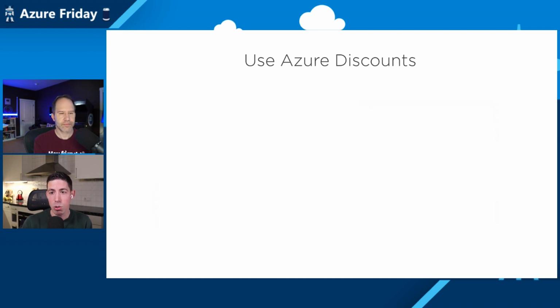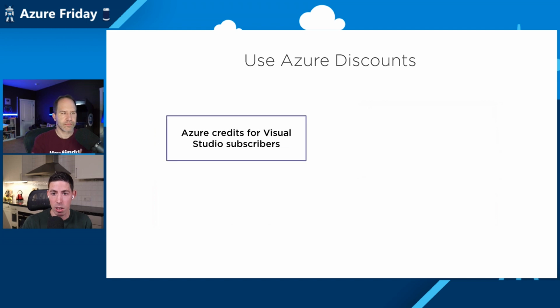Now, you can also use Azure discounts in lots of forms. So for instance, you might have noticed just here in the Azure portal that I am using Visual Studio subscription benefits. So if you have a Visual Studio subscription, and lots of developers do, that comes with Azure benefits. I don't know how much it is. It depends, I think, on the tier of Visual Studio subscription.